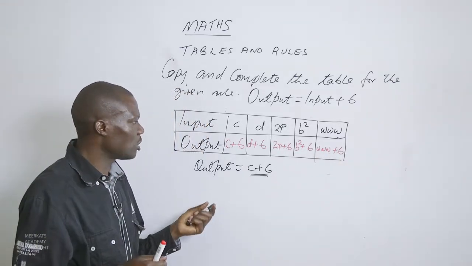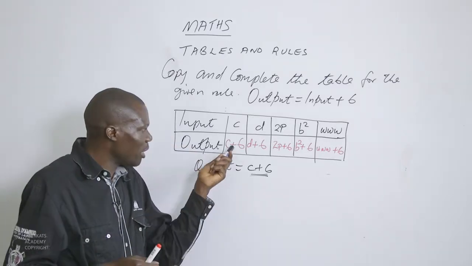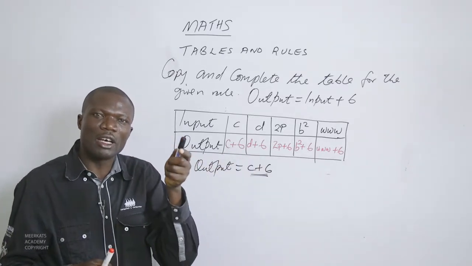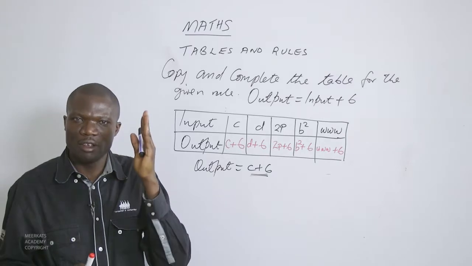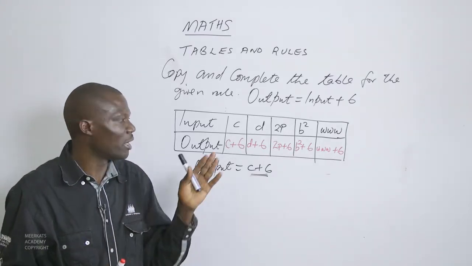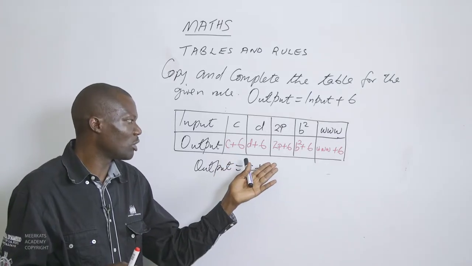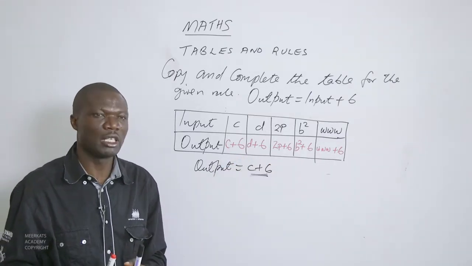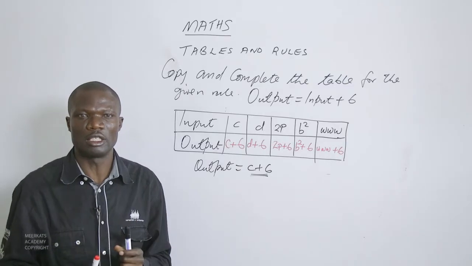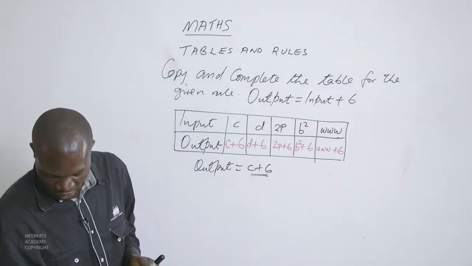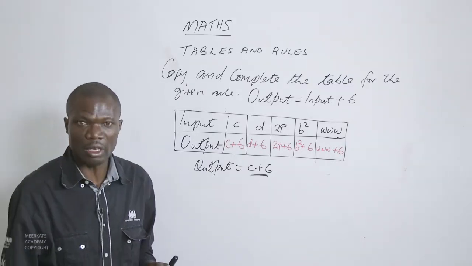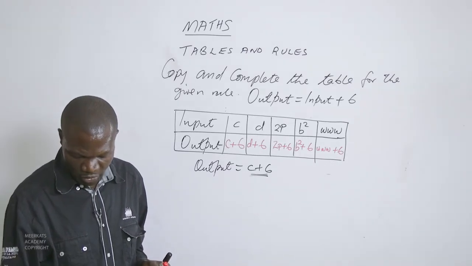In such a situation, if you find anywhere that requires simplification, kindly make sure you simplify your values. Otherwise, if there is no place to simplify, you maintain it as it is. Let us look at another table. I think the last example of this.